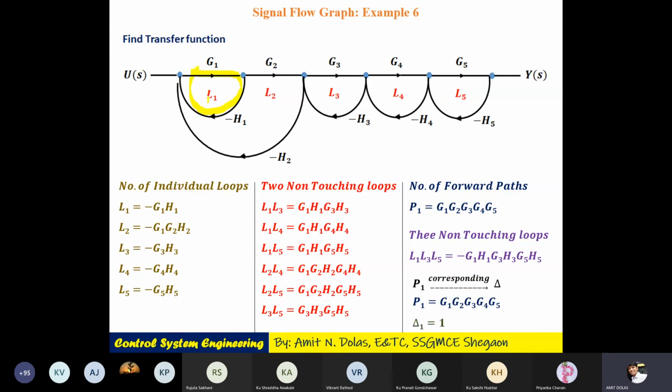So it will be minus G1 H1. So L1 is minus G1 H1. Then L2 is what? This one. It will be G1 G2 minus H2. This is L2. L3 is G3 minus H3. This one. L4 is G4 minus H4. And L5 is G5 minus H5.